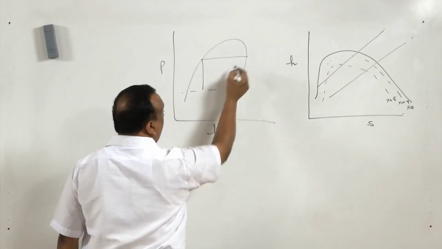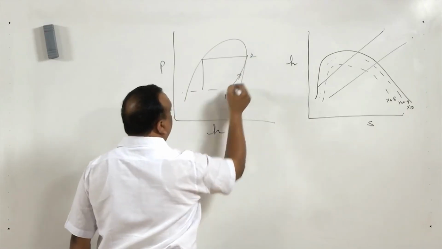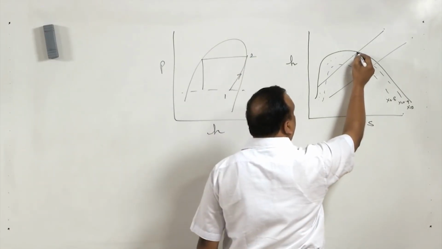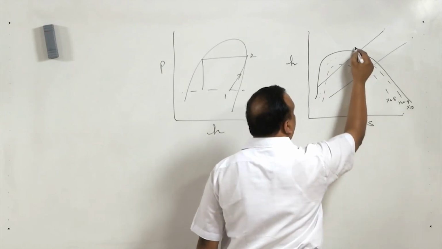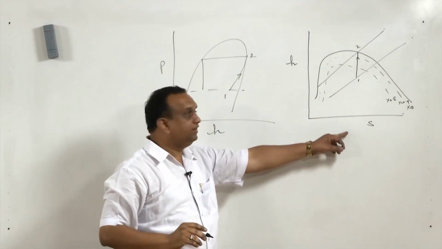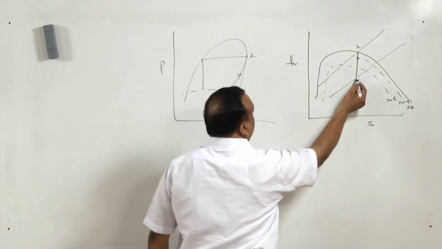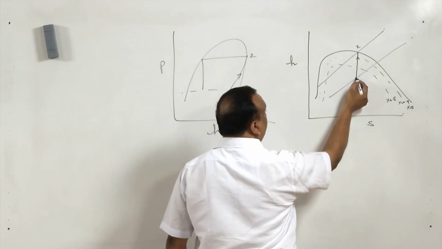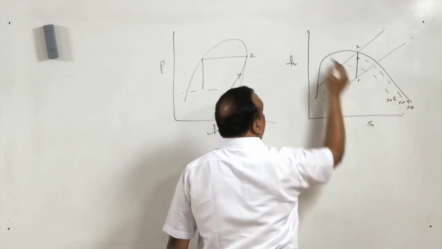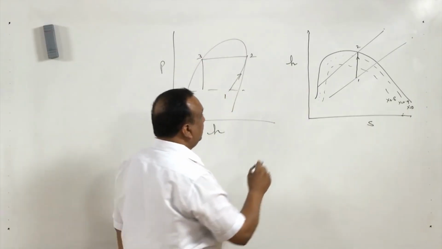So, state 1 to state 2 can be shown here. Entropy remains constant, that is why it is a vertical line, and from state 1 to state 2 the change in entropy is 0, so it is going to be a vertical line here. Now, state 2 to state 3 is a constant pressure line.